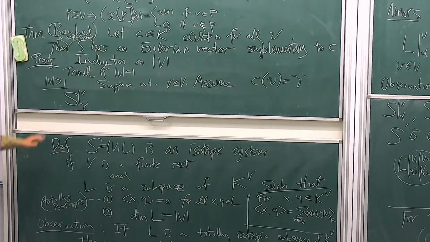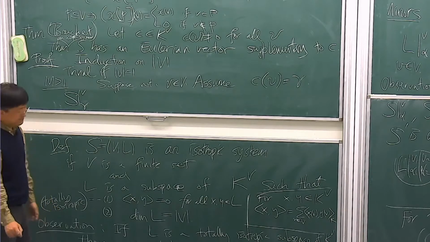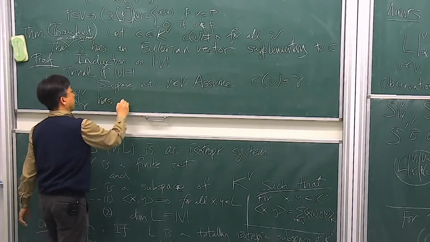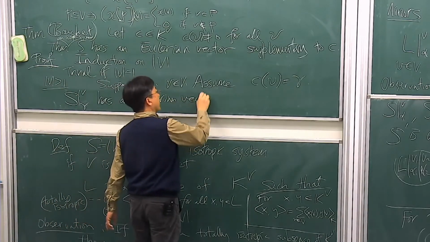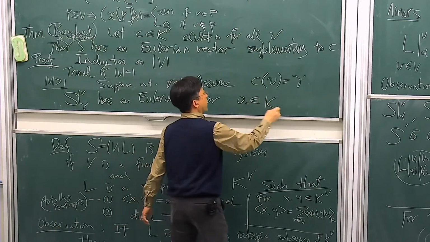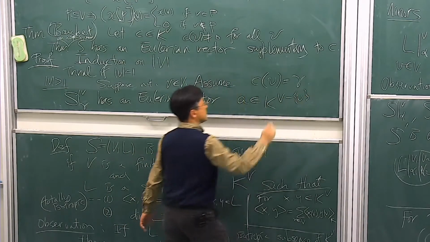Take an elementary minor, reduced by gamma. Now, this is an isotropic system, so we can apply induction. So there is a Eulerian vector.